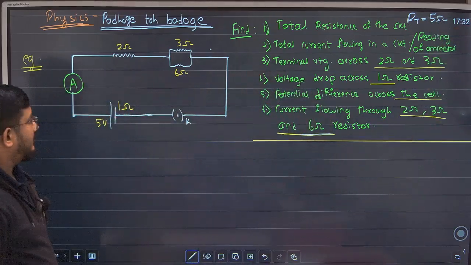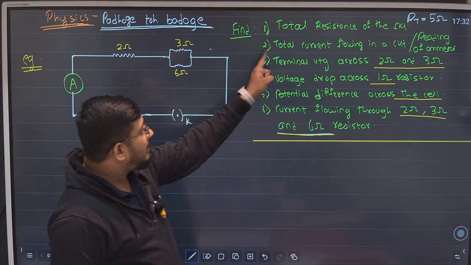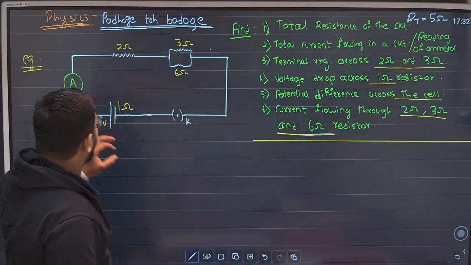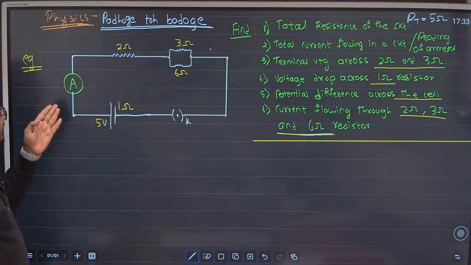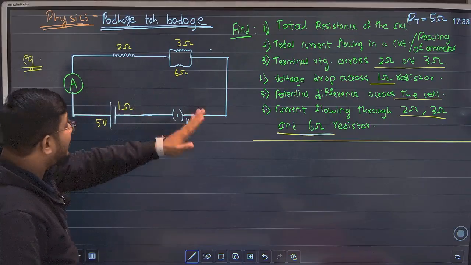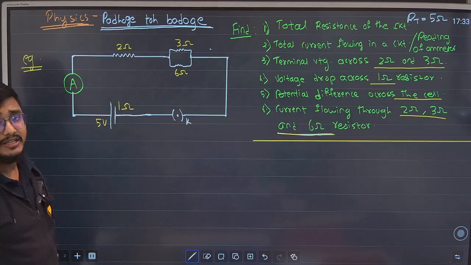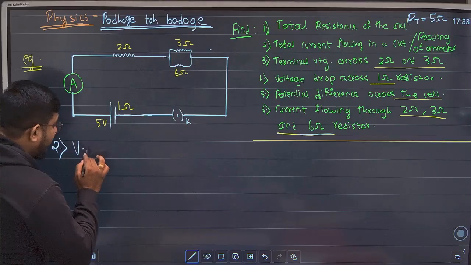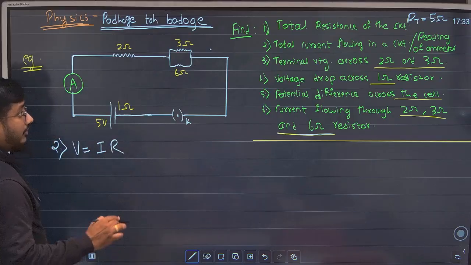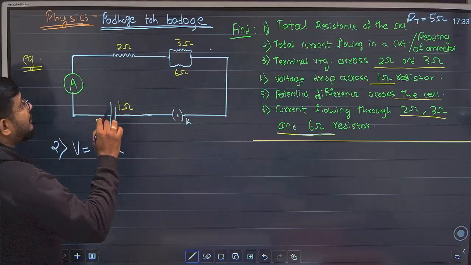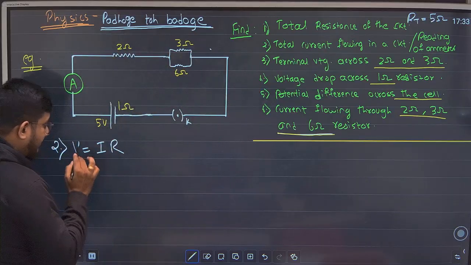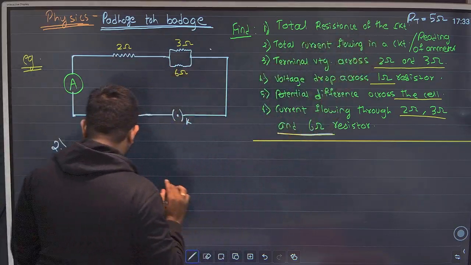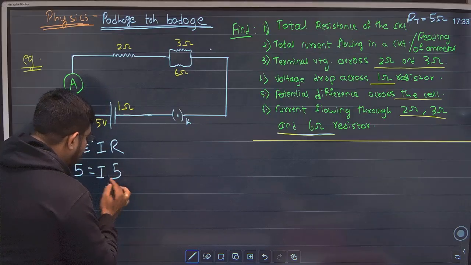Simple. Second, total current flowing in the circuit, or reading of the ammeter. The ammeter gives you the magnitude of current flowing in a circuit, that is nothing but the total current. We have to find the total current. Simple, V equal to IR. We should know the total voltage, that is 5 volt. We got the total resistance also, that is 5 ohm. We need to find I. Simple.